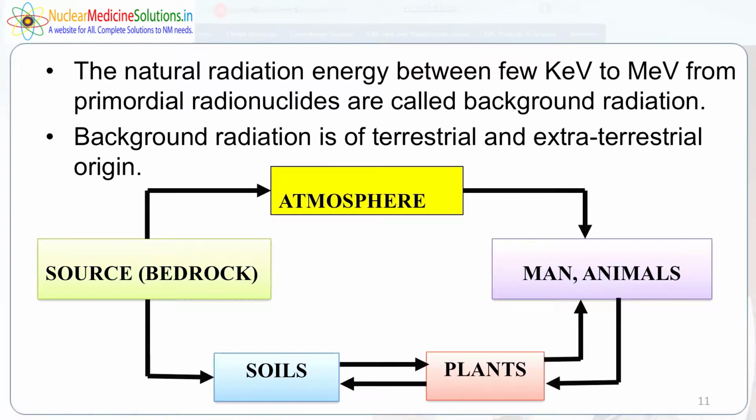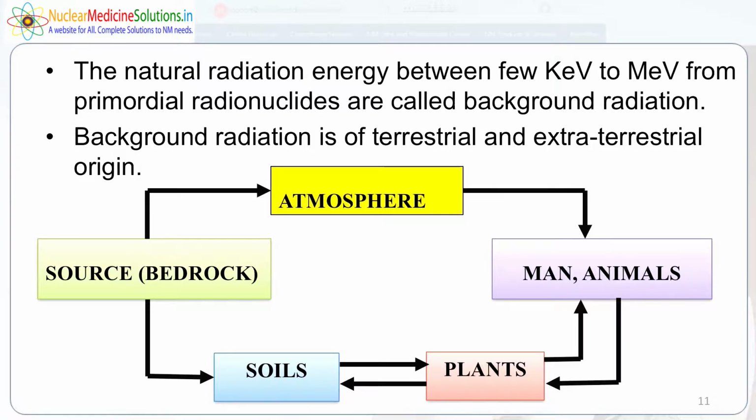Now, if you see this particular picture, it talks about the sources from where radiation is emitted. It goes to the atmosphere, then comes to man or animals, then comes to the plant, and from the plant it goes to soil. From soil it may again go to plants and plants to man. What does it mean? What is natural background radiation?